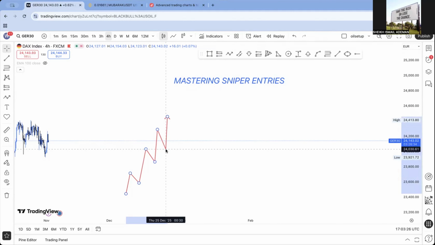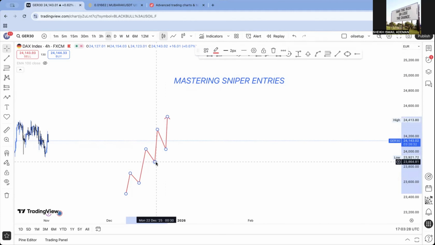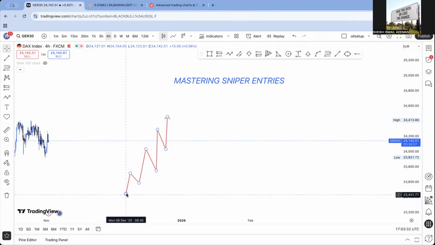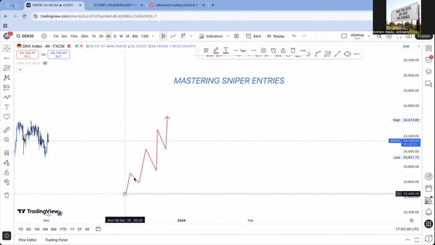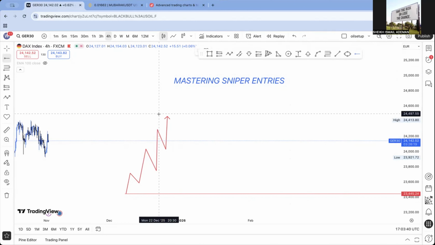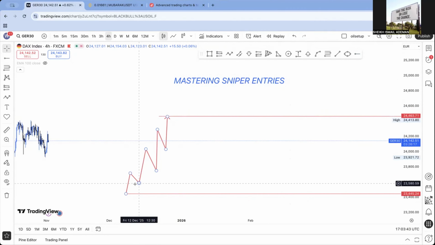Let me make this one here. Okay, so let's say price gives us a low, and we mark the low, and then it gives us a high, which is at the top. When price came to this low and went up and gave us a pullback, it couldn't take out the previous low.